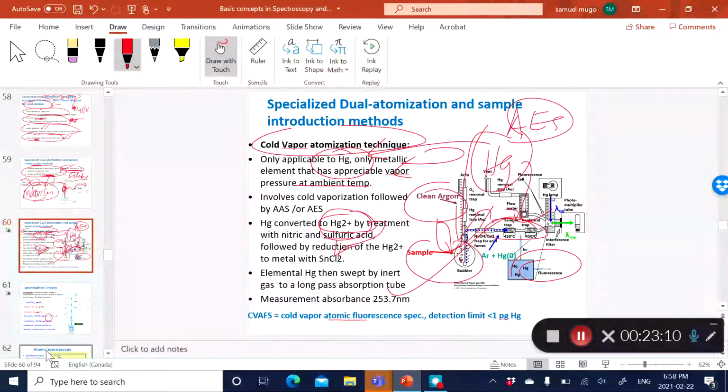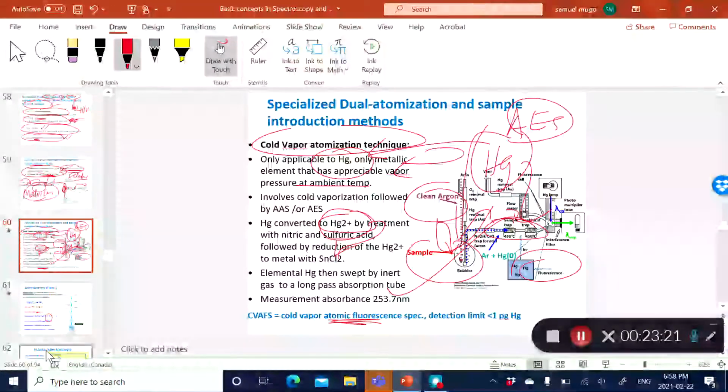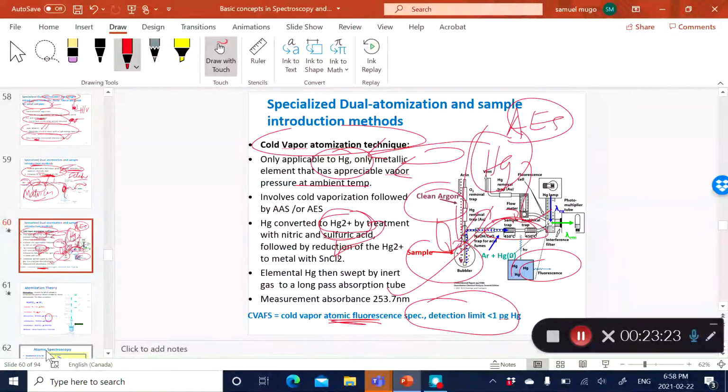Now, you can see with the cold vapor atomic fluorescence system, which is the only commercial technique actually for atoms, you can have detection limits of up to 1 picogram. And again, it's only commercial for mercury, because mercury has got a fairly high vapor pressure, and so on.